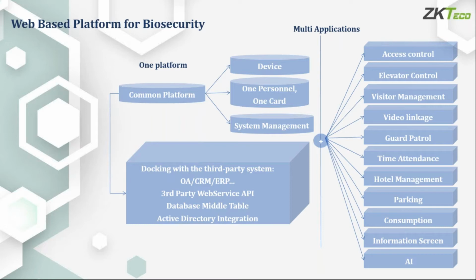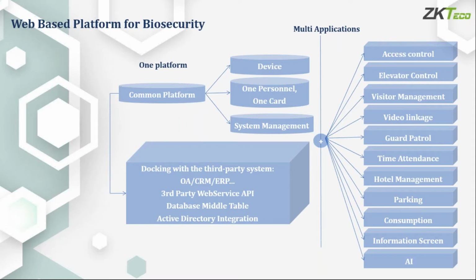With this common platform, you can integrate third-party systems like CRM and ERP systems. The third-party web service API is also available. You can integrate this BioSecurity software with Active Directory services of Windows. With the help of this, we can integrate the software with third-party applications.